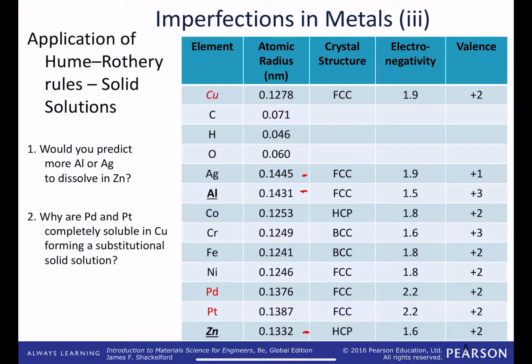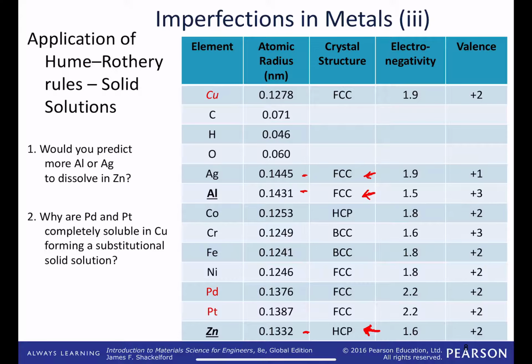Both of the solutes that we're addressing are face-centered cubic, and they're being asked to be hosted into a different lattice. So neither of them matches the lattice, so we don't have an argument for one being preferentially solubilized into zinc by that condition.